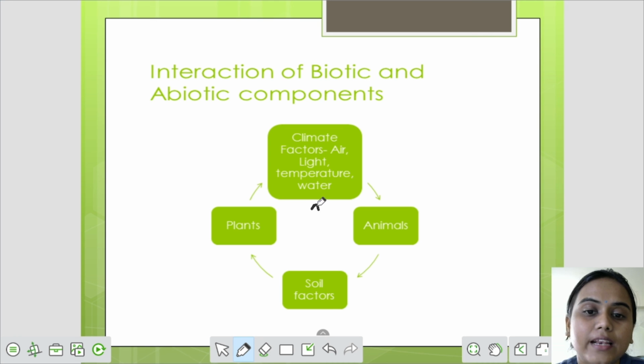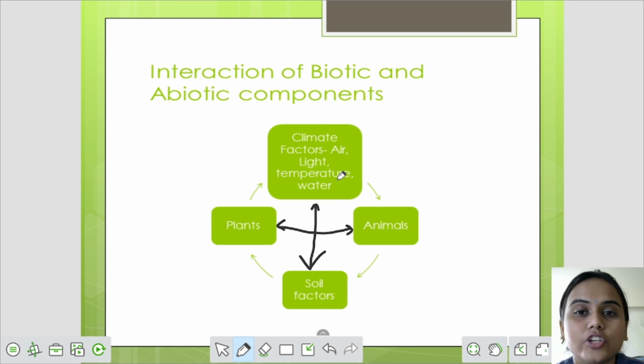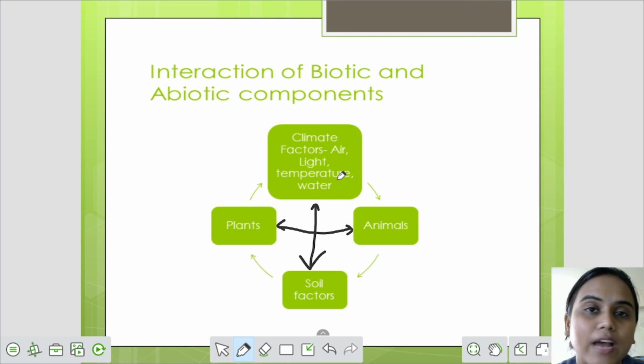These factors are linked with those factors, and they are eventually connected with each other. Plants and animals are interconnected, and soils and climate factors are interconnected. So we can say the interaction of biotic and abiotic components is necessary for life to survive on this planet, and this is what makes our Earth very unique.